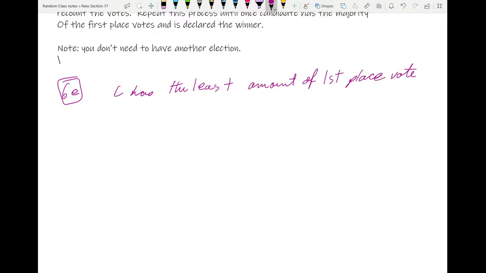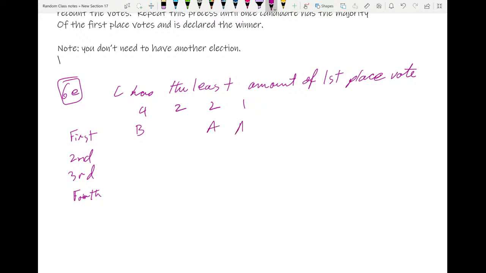When we eliminate C, let's look at it. What happens? First, second, third, and then fourth. So you have B, 2, 2, 1. C is gone.